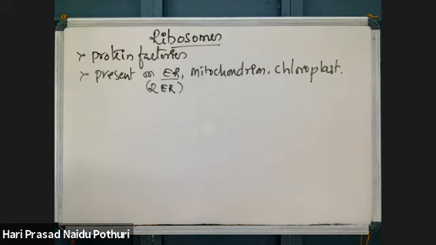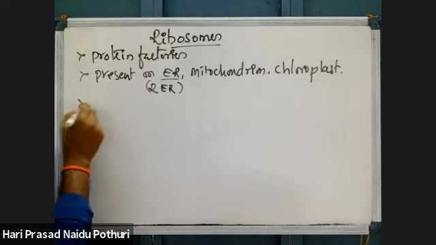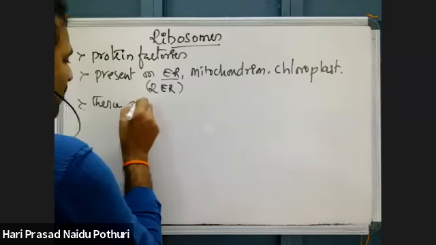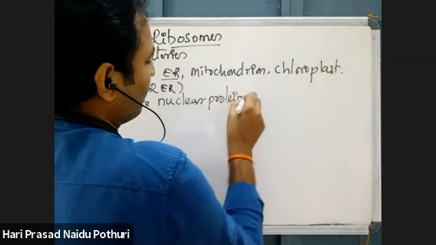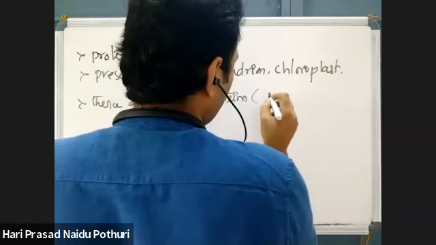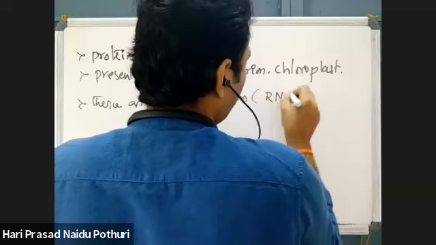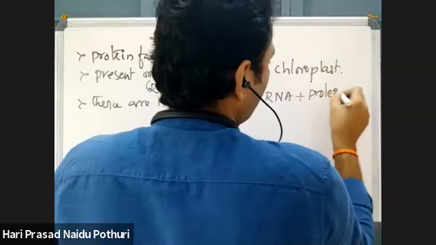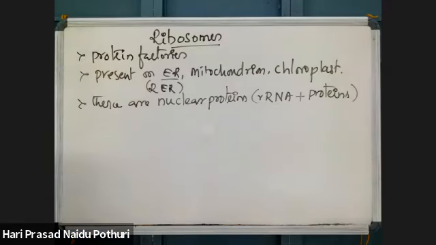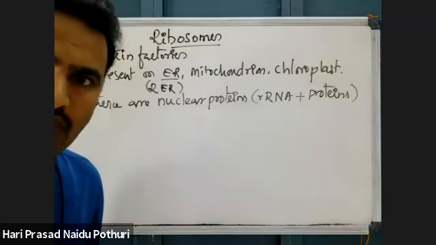These ribosomes are nucleoproteins in nature. Nucleoproteins are made up of RNA, especially a type of RNA called ribosomal RNA, and some proteins. So ribosomal RNAs and proteins are bound to give ribosomes, which are nucleoprotein in nature.